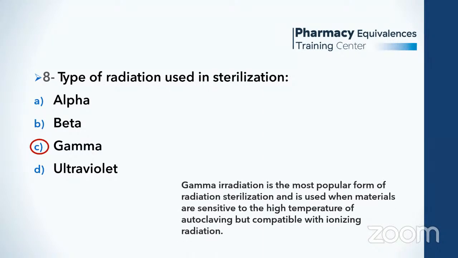Gamma radiation is the most popular form of radiation sterilization and is used when materials are sensitive to high temperature. We can use both together. We can use the gamma radiation plus the autoclaving.